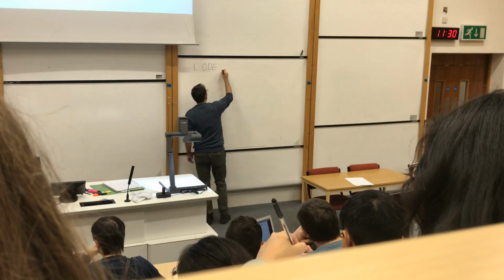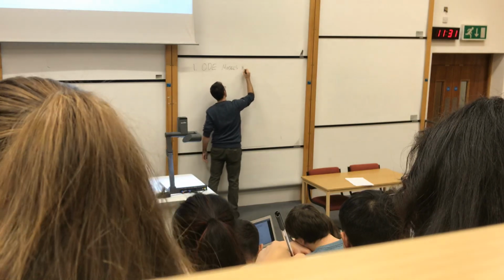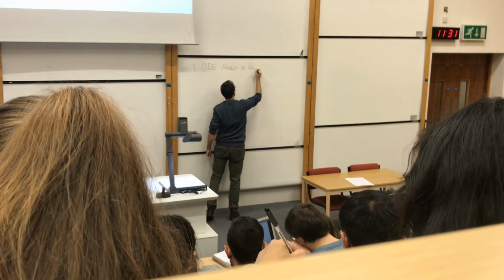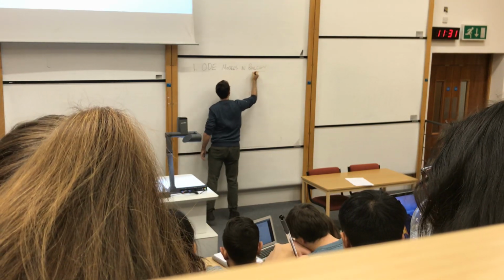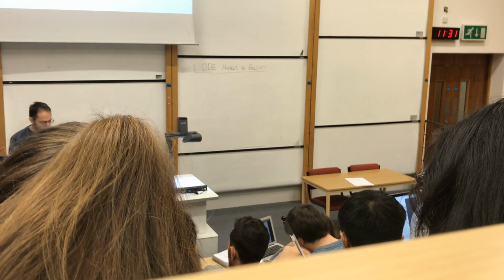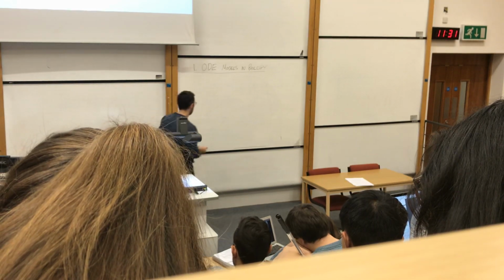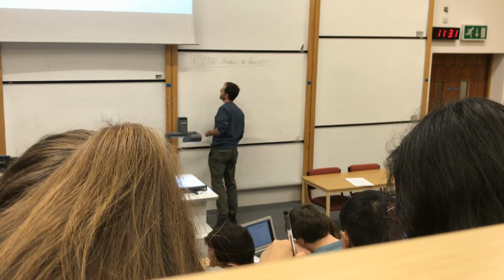So, chapter 1 is going to be ODE models in biology. This chapter is probably where there's going to be the most overlap with mathematical biology A last semester.